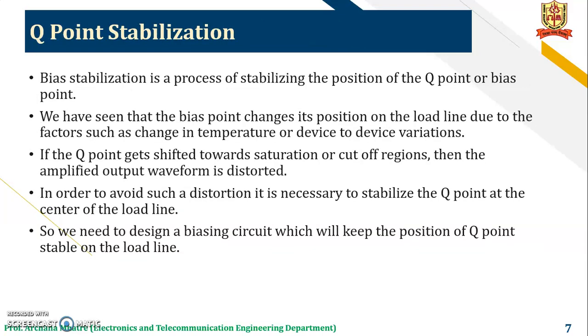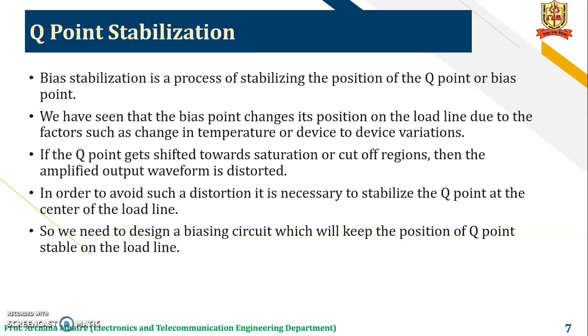Now, Q point stabilization. Bias stabilization is a process of stabilizing the position of the Q point or bias point. We have seen that the bias point changes its position on the load line due to factors such as change in temperature or device to device variations.